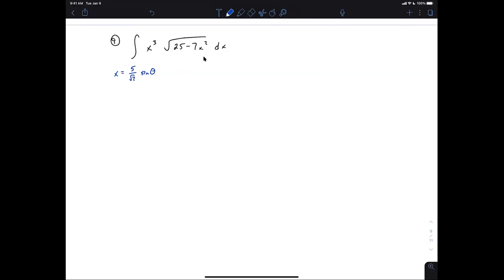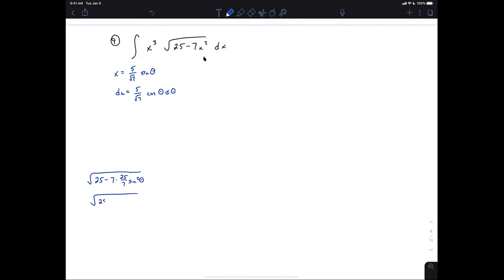Okay. And so then dx is then 5 over radical 7 cosine theta d theta. And now we're going to do the square root stuff on the side. So we get 25 minus 7 times 25 over 7, because that's what you get when you square that, sine squared theta.